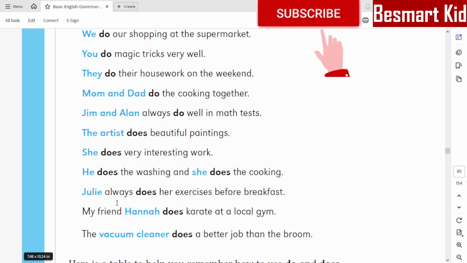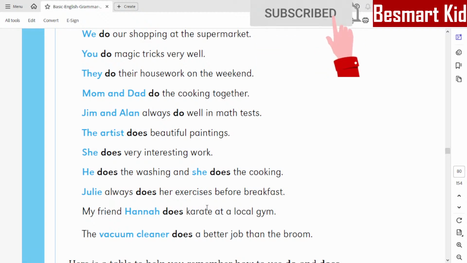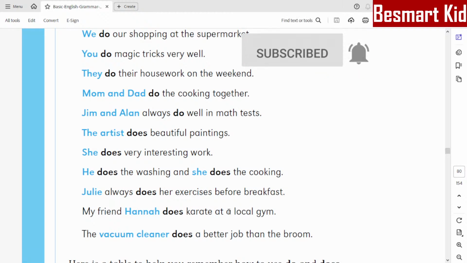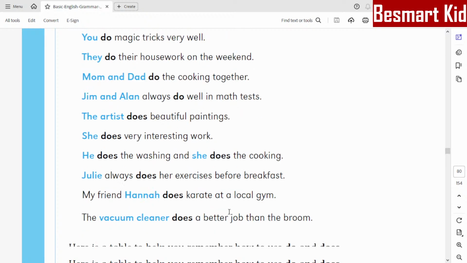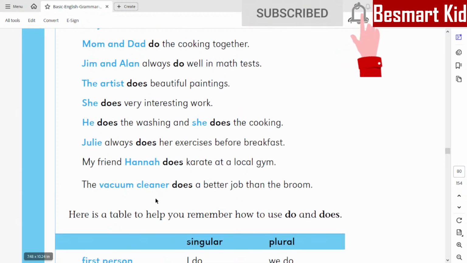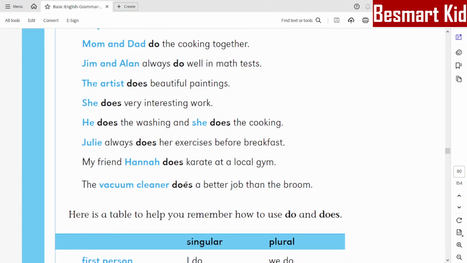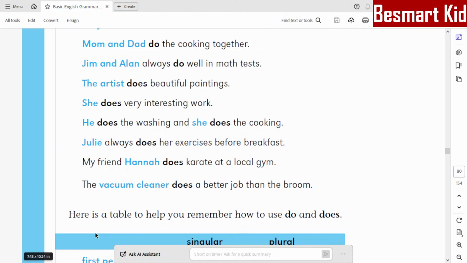My friend Hannah does karate at the local gym. The vacuum cleaner does a better job than the broom. Here is a table to help you remember how to use do and does.